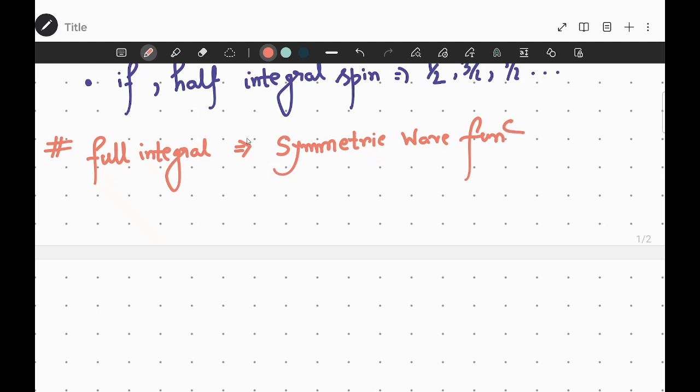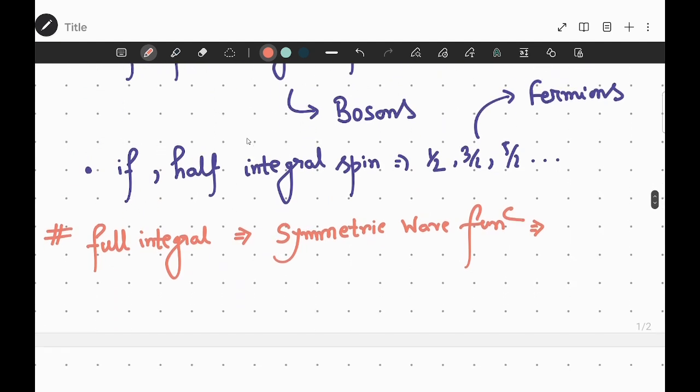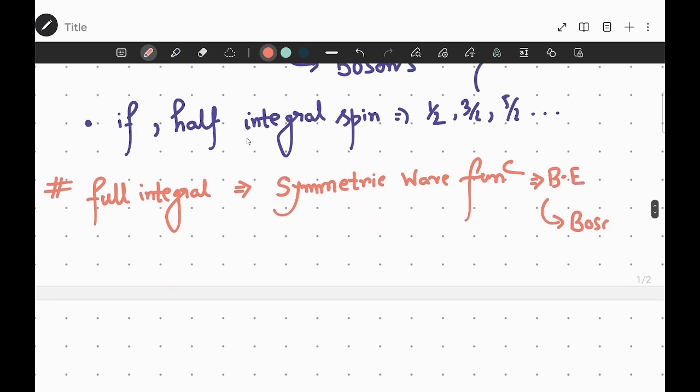Because we are talking about quantum mechanical particles, a wave function is associated with each and every one. When the wave function is symmetric, the spin is full integral, it follows Bose-Einstein statistics, and it is called a boson.